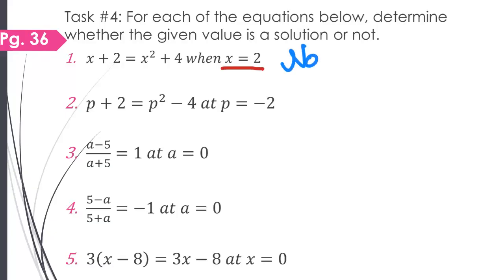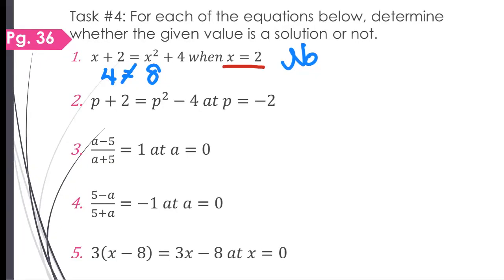So that's a no. Because what is 2 plus 2? 4. And what about 2 squared plus 4? That is 8. And 4 is not equal to 8. Okay? Any question on that? So you're just substituting this in for x, right? And seeing if it works.